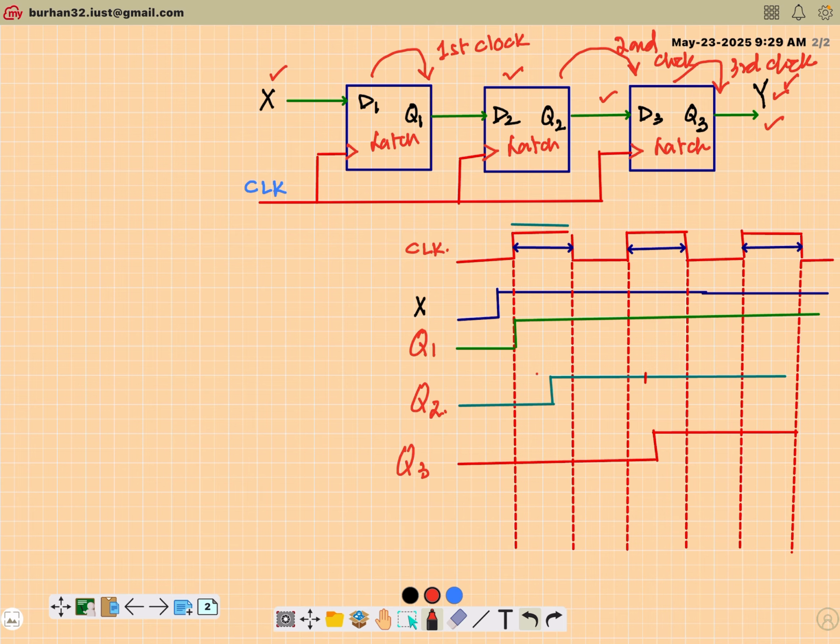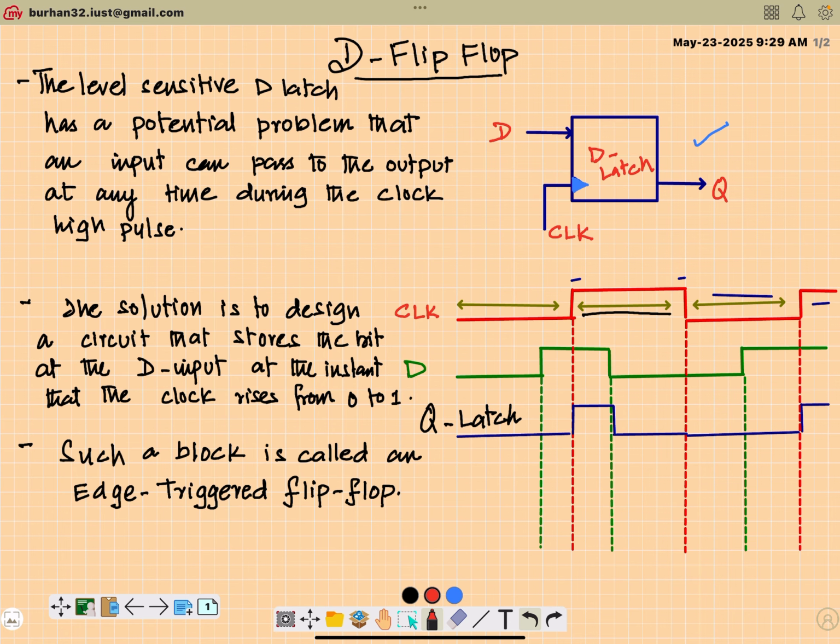And the basic problem which causes this effect is that your latch is sensitive. Like I wrote here, it can pass an input to the output at any time during the clock high pulse. So it may happen that your clock high pulse is of sufficient duration that multiple transitions happen within the same clock cycle.